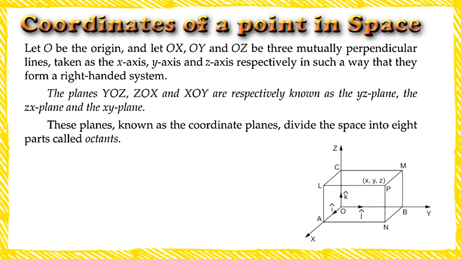And these planes divide the space into 8 parts called octants. This much we have done in class 11th. Now look at these vectors i cap, j cap and k cap. These three vectors are called unit vectors in the direction of x, y and z axis respectively, or we call them direction vectors also.